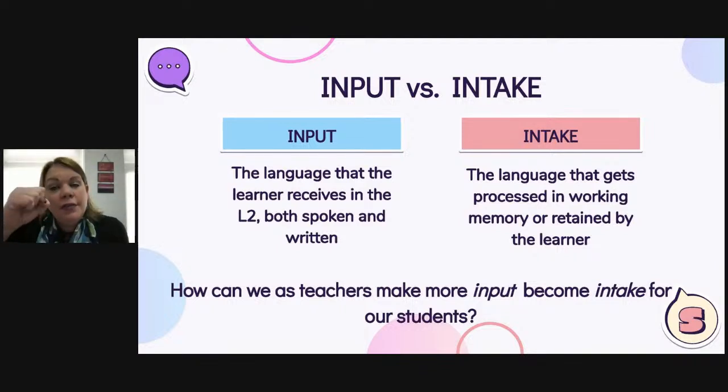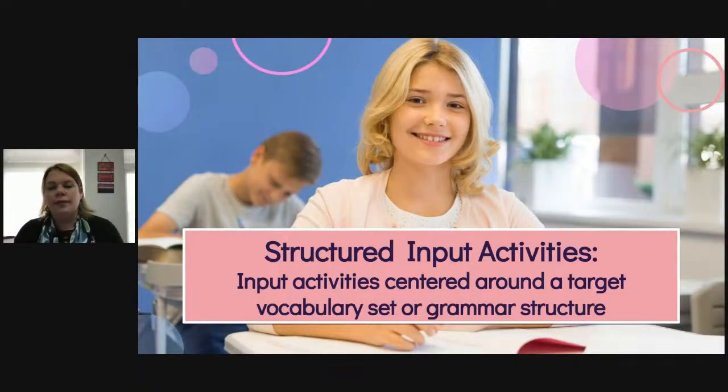If we open the faucet, but not all the way, just a little bit, and we allow a trickle of water to come into the sponge, it is able to absorb the water better, right? Do you understand where I'm going with this? If we refine the input that we give to our students, they will be able to convert that input into intake more easily, right?